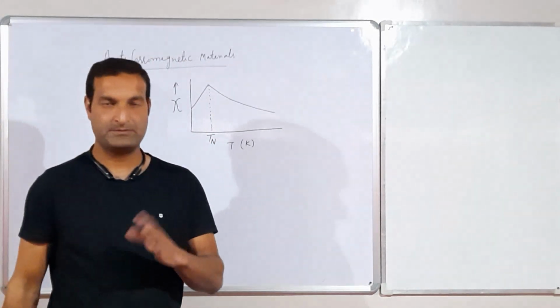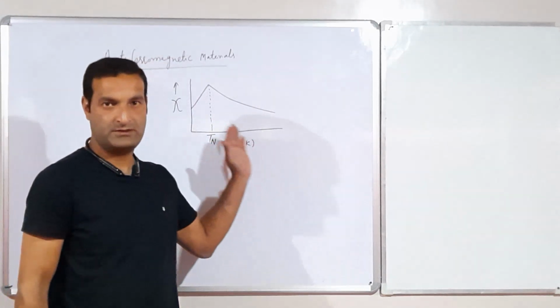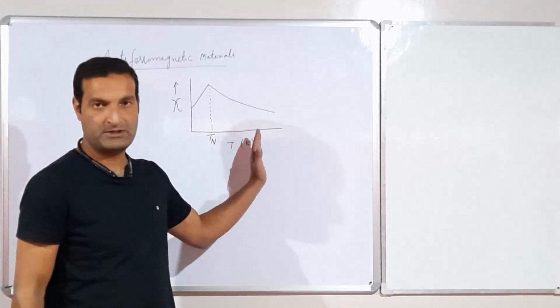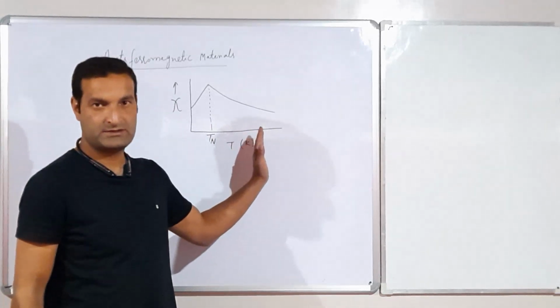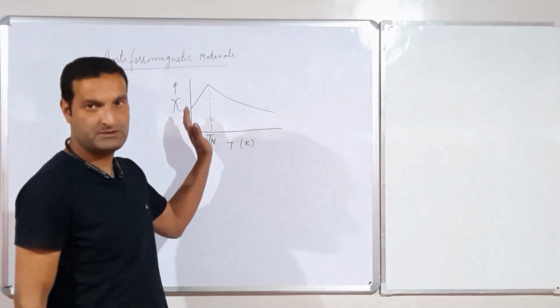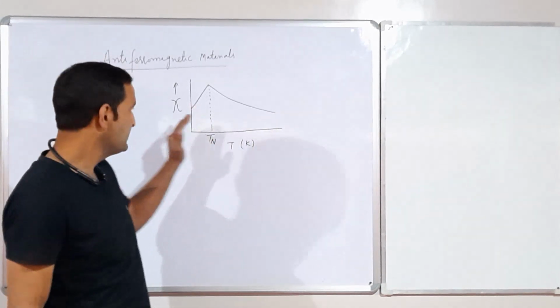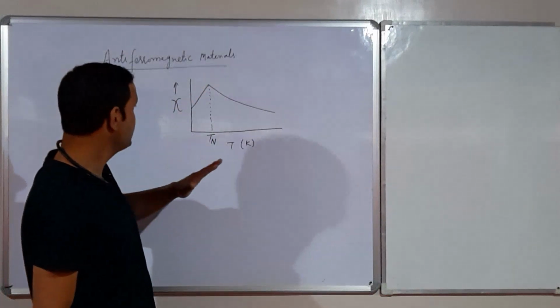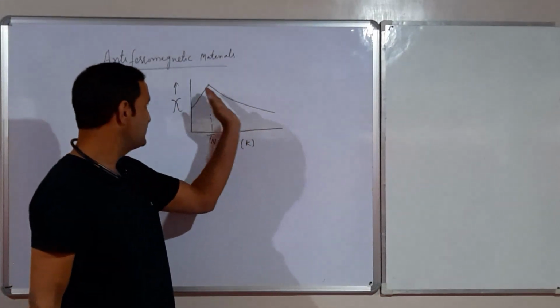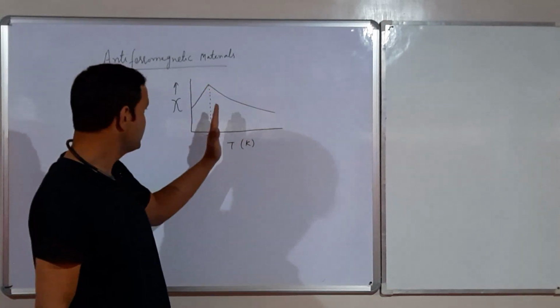This is a different kind of behavior, because if we increase the temperature in the case of ferromagnetic materials, there is a decrease of magnetism. Here the susceptibility increases with increase of temperature up to a certain limit, and after that the magnetic susceptibility decreases after crossing this temperature.